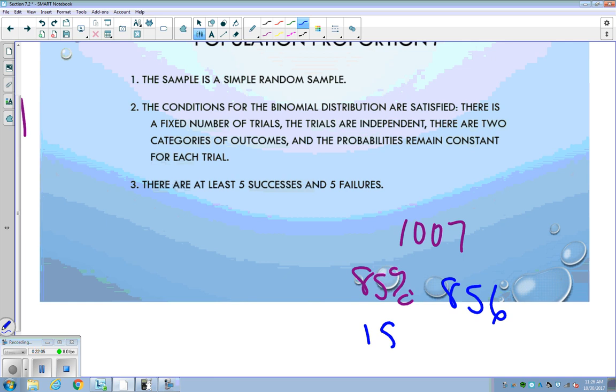So 15% didn't, and you can either take 1,007 and subtract 856, which gives 141. Is there at least 5 successes and 5 failures? Absolutely. There's 856 yeses and 141 nos. So I can use confidence intervals. Does that make sense? At least 5 yeses, 5 nos.